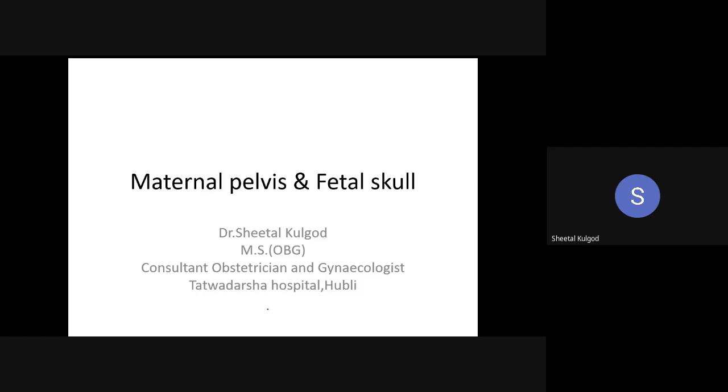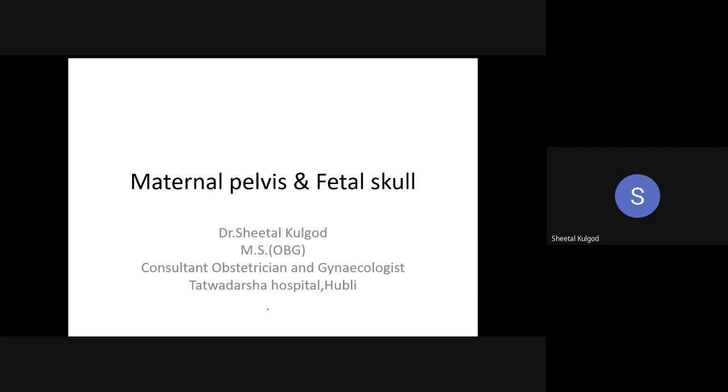So we'll start with the basics first, as we have done in the last class. I'll briefly go ahead with the anatomy, highlighting the important features of the pelvis as well as the fetal skull and a few terminologies, and then at the end we will come up with the related MCQs.